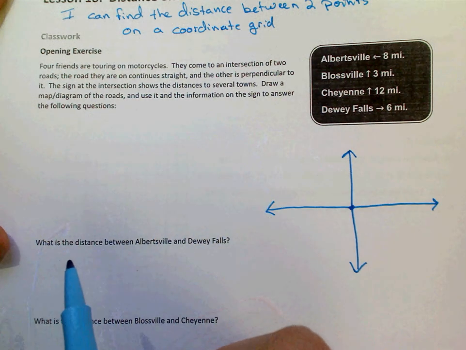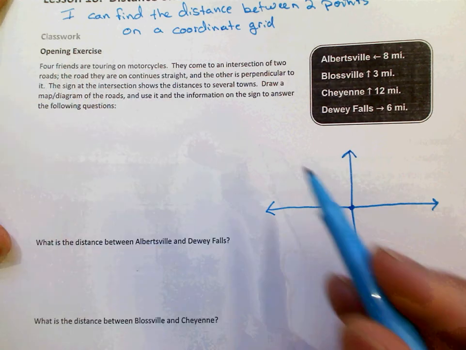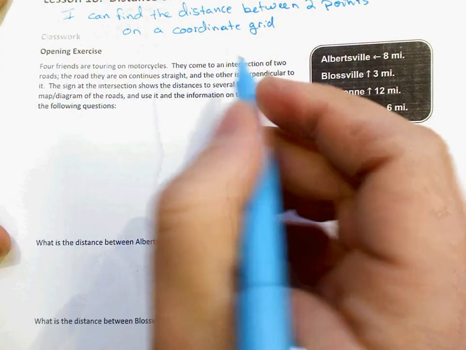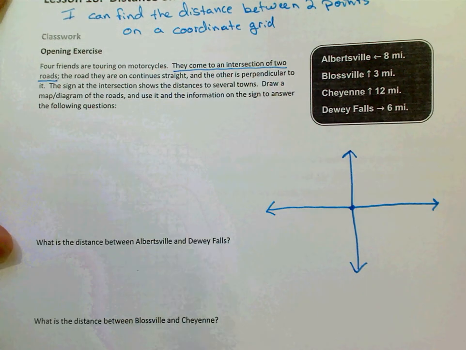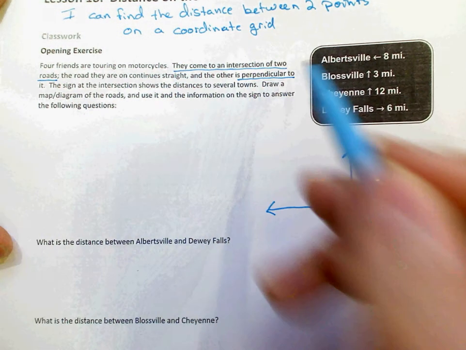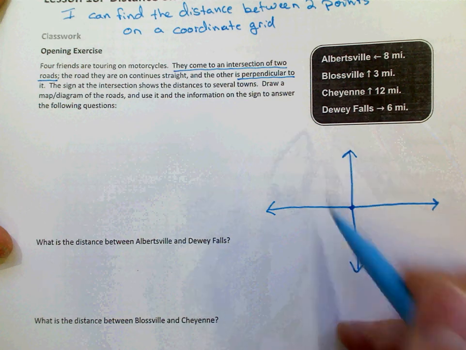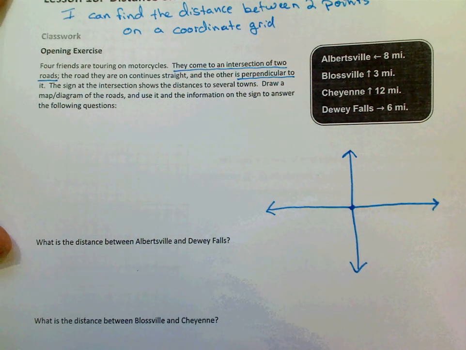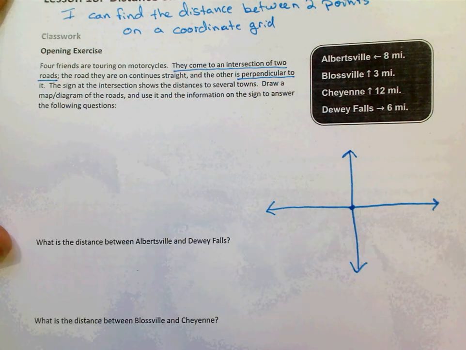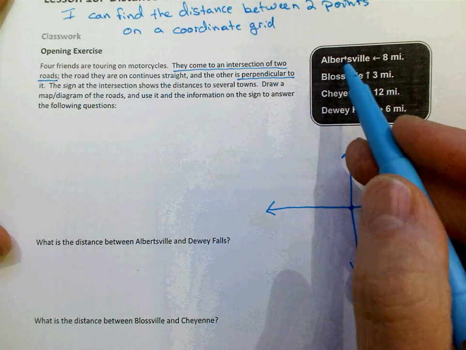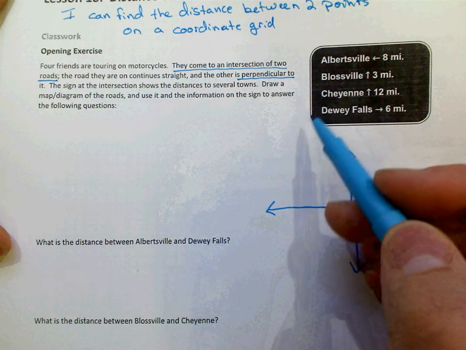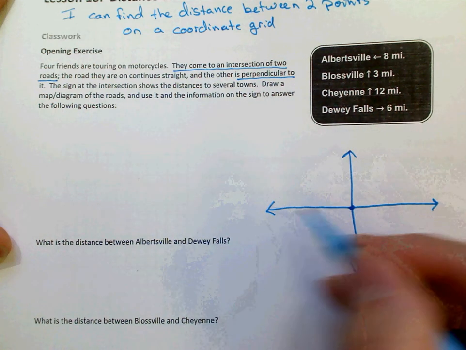Okay. So if we drew our coordinate grid right here, which is an intersection of 2 different roads, and if they are perpendicular, meaning that they cross each other, it creates a coordinate grid. Now the sign on the road says that Albertsville is 8 miles to the left.